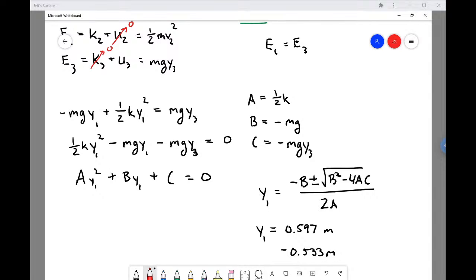And of course, in the context of this problem, the negative number doesn't make any physical sense. We already took into account that the compression is in the negative direction when we wrote out that the potential energy at moment 1 is negative. So the answer that makes sense here is the positive result that you get from applying the quadratic formula, which is the answer that I got.